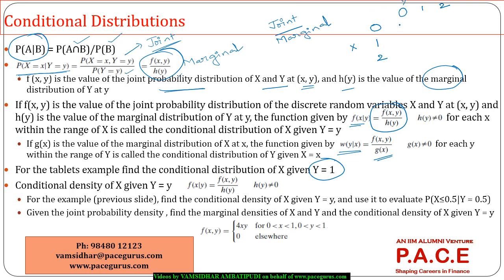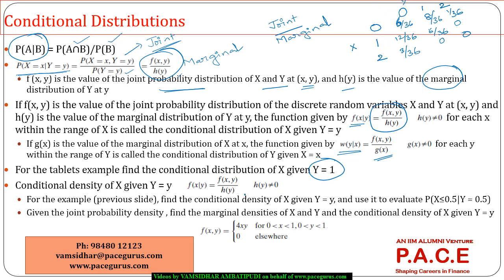We got the numbers 6 by 36, 8 by 36 and 1 by 36. Here we had 12 by 36, 6 by 36, 0, 3 by 36, 0, 0. So this was the joint probability distribution.